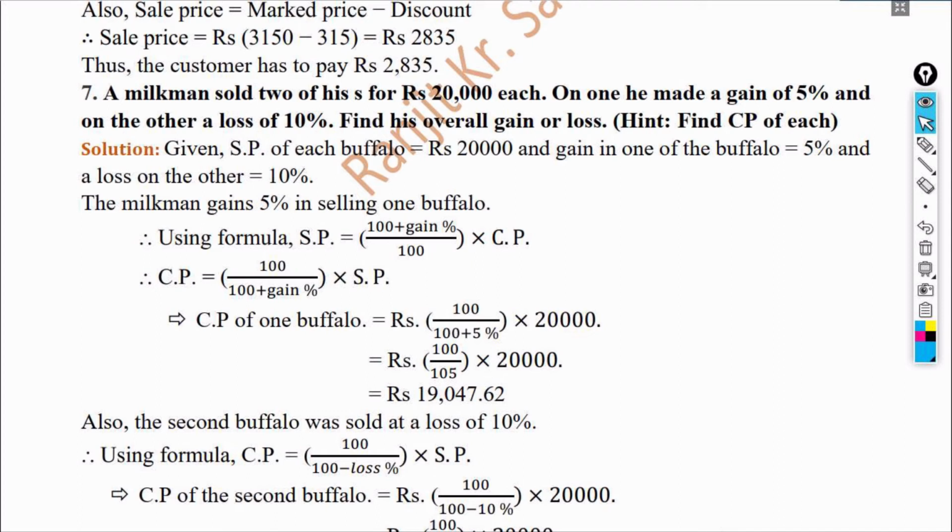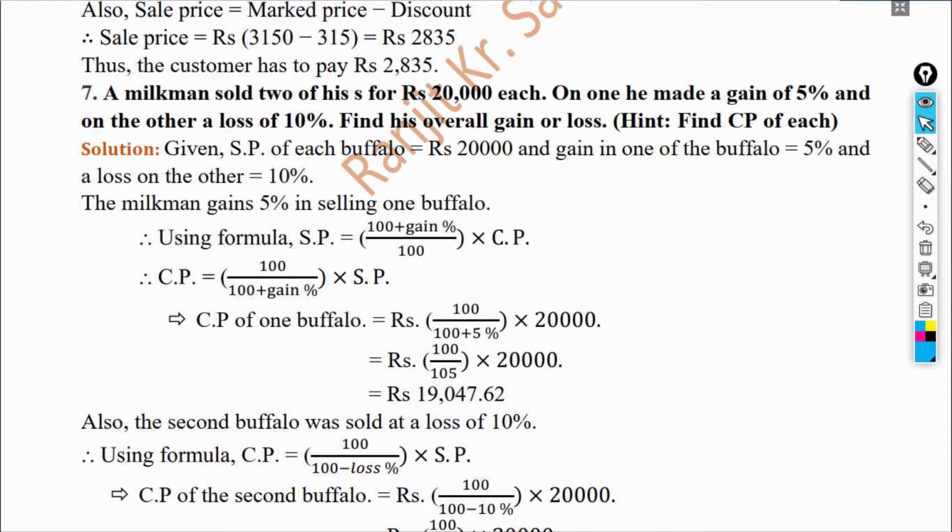Now multiply 20,000 with 100 by 100 plus 5. Now after cancelling and dividing, you will get the cost price for one buffalo. In that buffalo he has gained 5%. CP is rupees 19,047 and 62 paise.